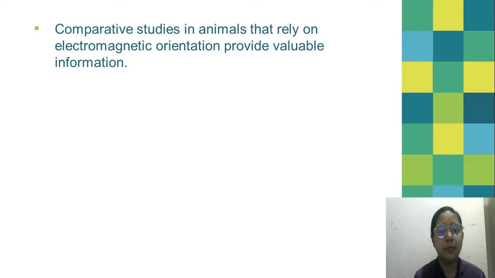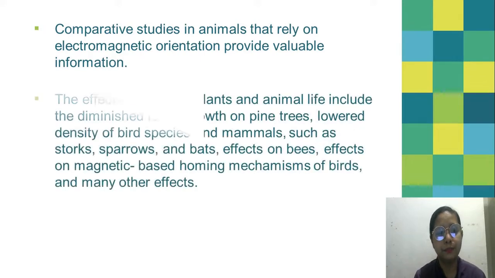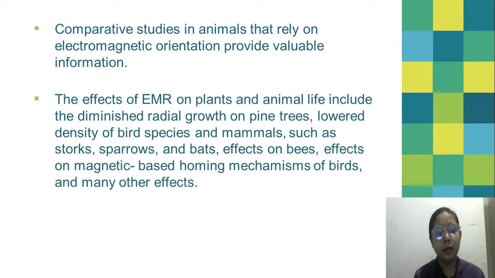Comparative studies in animals that rely on electromagnetic orientation provide valuable information. So that is why animals are one of the indicators of exposure to electromagnetic radiation. The effects of EMR or electromagnetic radiation on plants and animal life include the diminished radial growth of pine trees, lower density of bird species and mammals such as storks, sparrows, and bats, effects on bees, effects on magnetic-based homing mechanisms of birds, and many others.